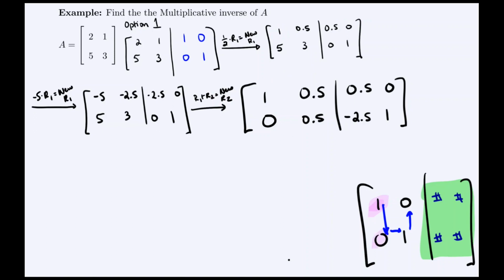We now have the 0 where we want, so next we know we're going to try to make this into a 1. You can get a 1 by multiplying by a correctly chosen value. Think, what times 0.5 would give us 1? 2. So if I take the entire second row and I multiply it by 2, that's going to be my new row 2.